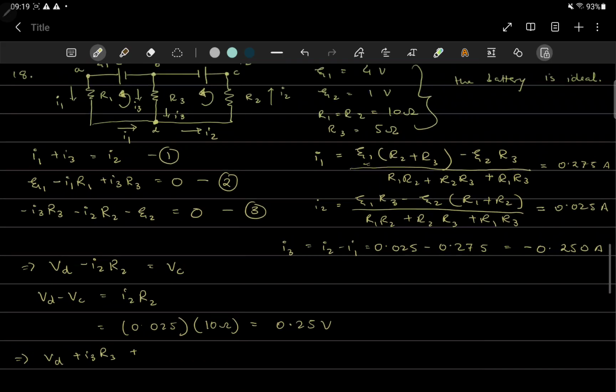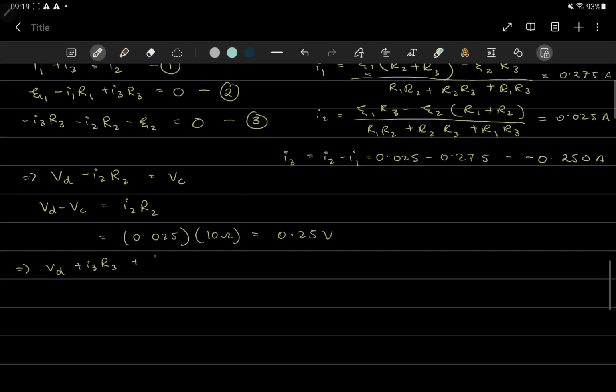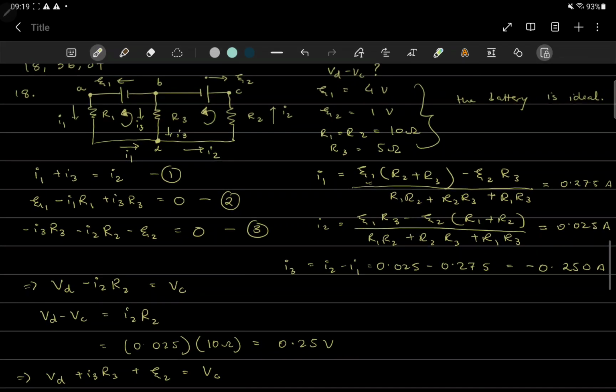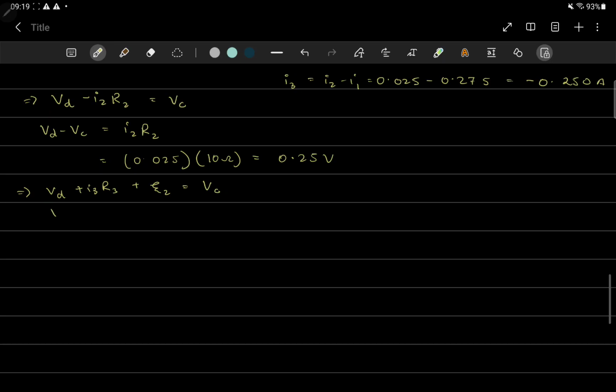Plus I will get zeta 2, because now zeta 2 is in the direction of our loop towards C, so therefore this will be plus zeta 2 and it will equal VC, which is our ending point at C. Again, I can rearrange this: VD minus VC will just equal minus I3 R3 minus zeta 2.